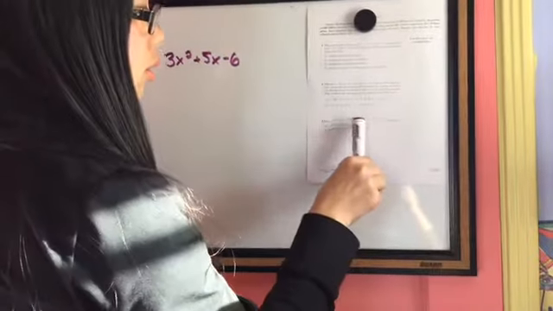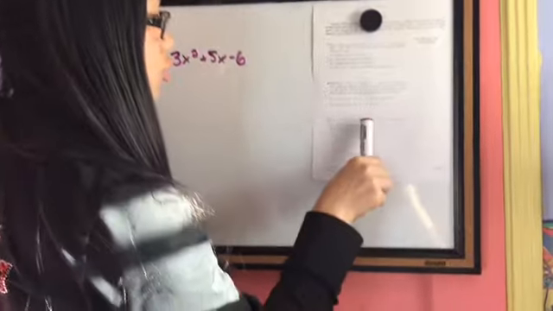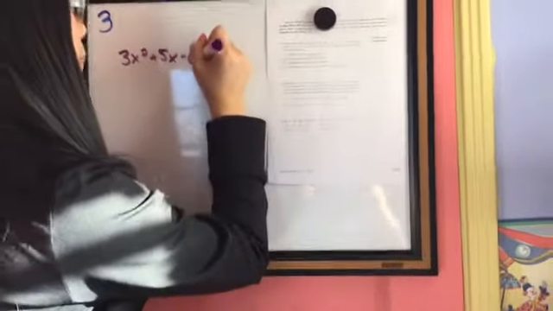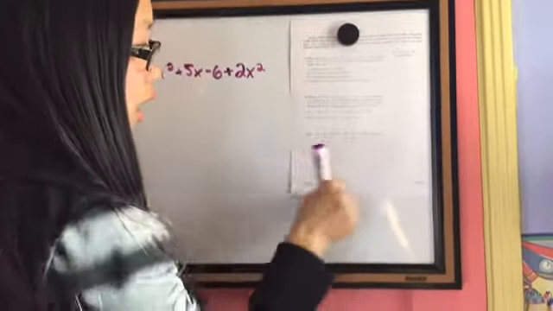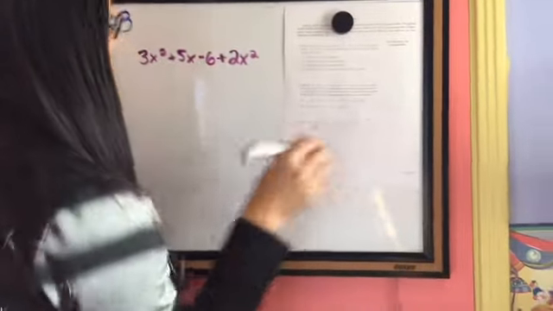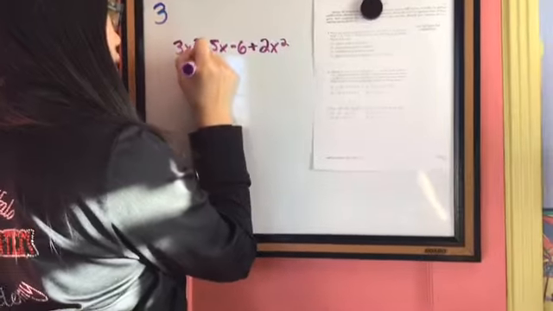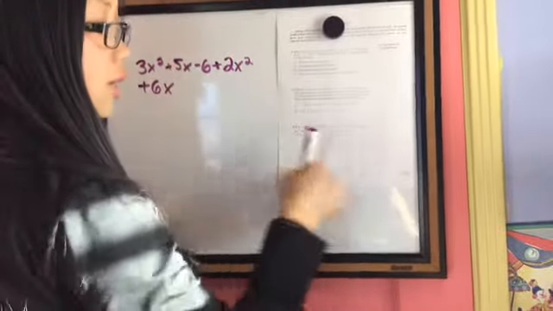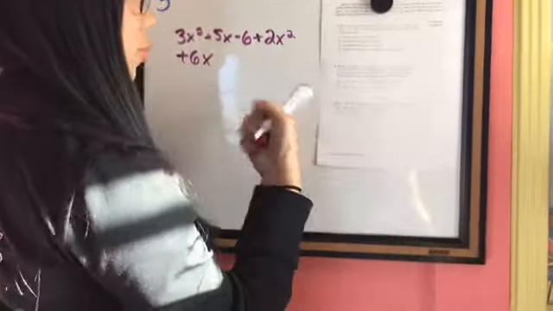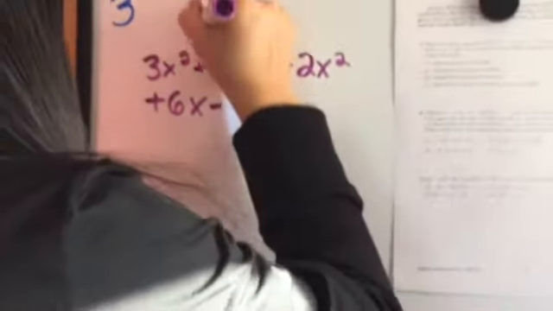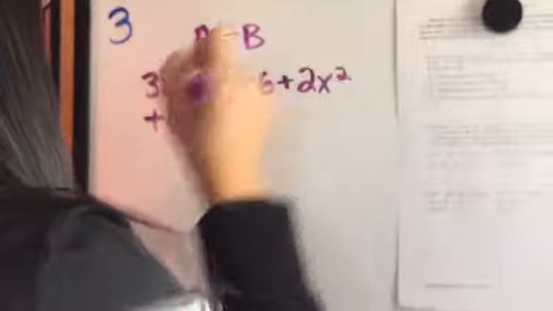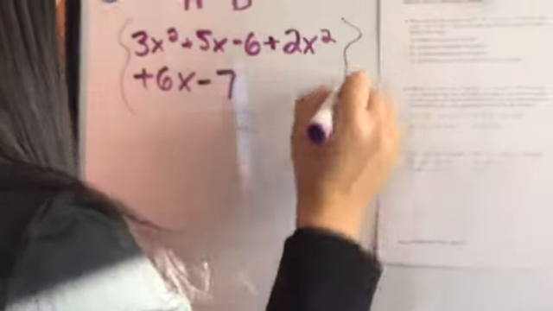So B is negative 2x squared, so that would be plus 2x squared, and negative 6x, so that would be plus 6x, and plus 7. But we're subtracting, so it'd be minus 7. So A minus B is equal to this right here.